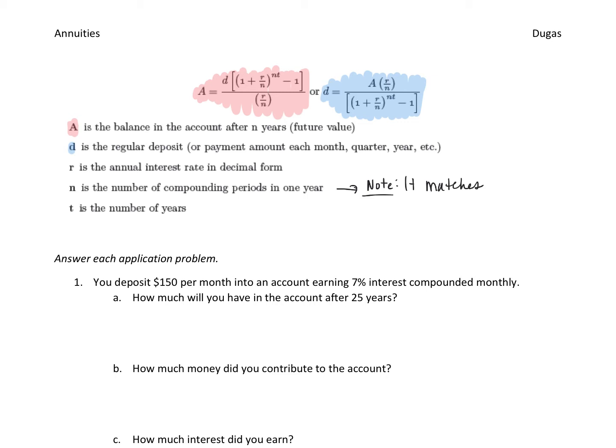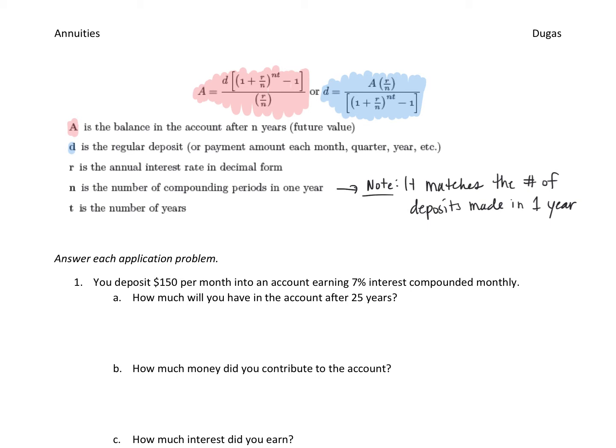So N will match the number of deposits made in 1 year. If you're making monthly deposits, you would assume that it's also compounding monthly, so N would be 12. If you're only making semi-annual deposits, so you're only depositing something 2 times a year, you would assume that N is 2.